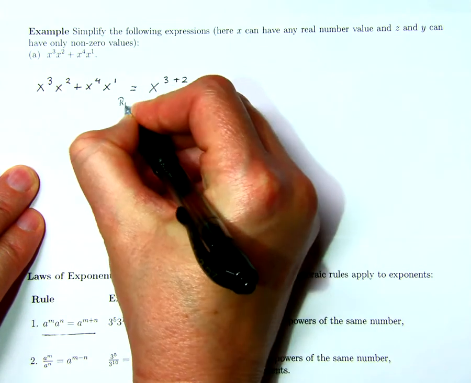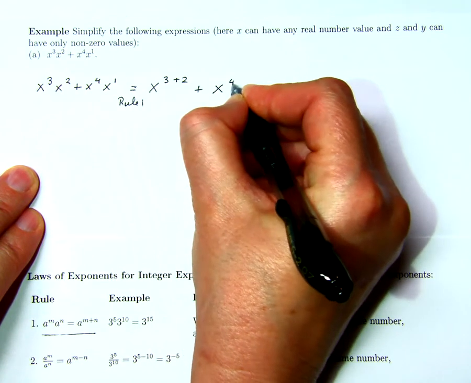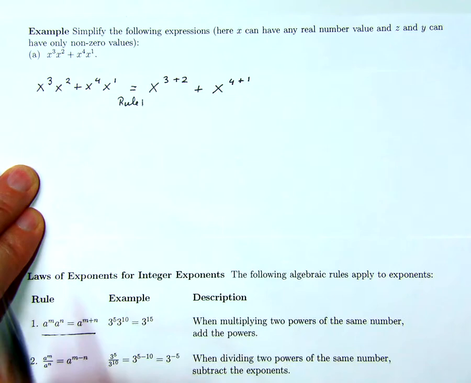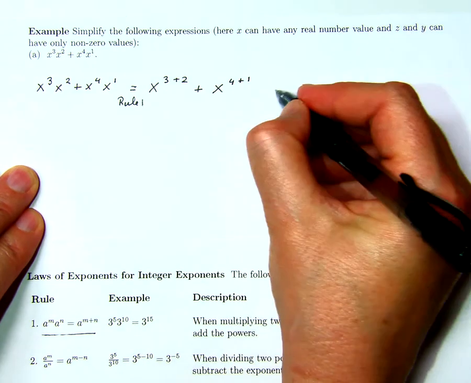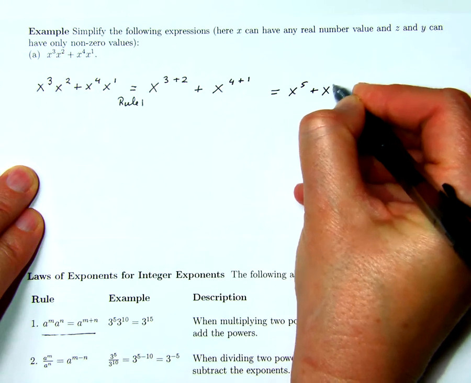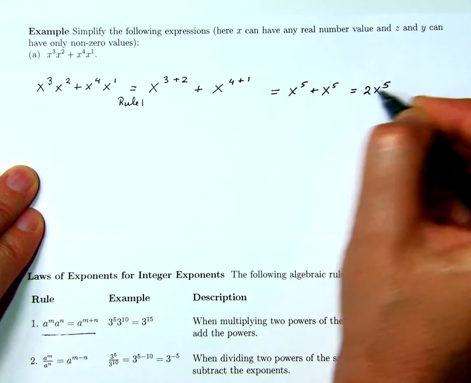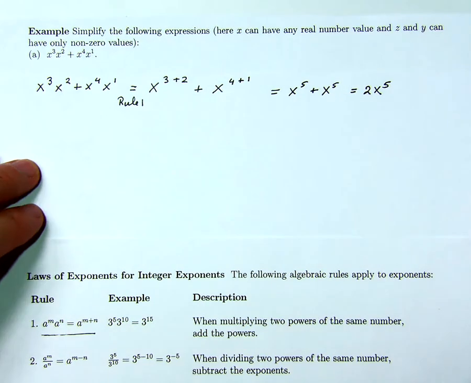This is by rule 1. Plus x to the 4 times x to the 1 should be x to the 4 plus 1. And now that's equal to x to the 5 plus x to the 5. And it's natural to write that as 2 times x to the 5.